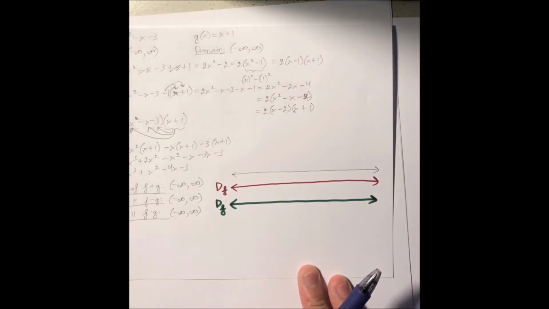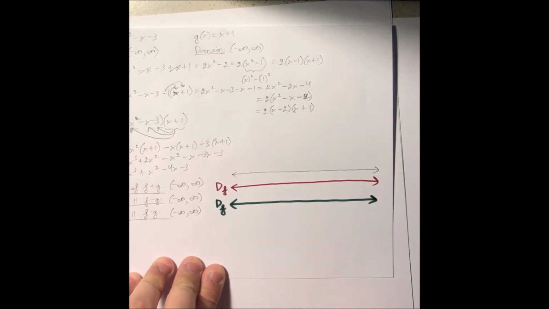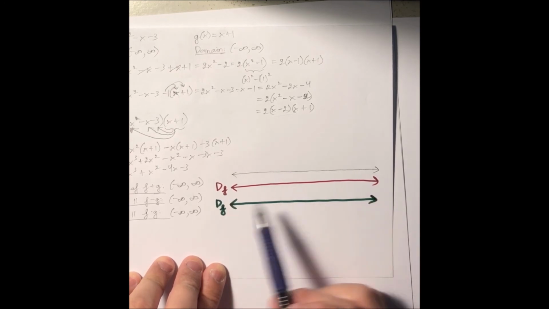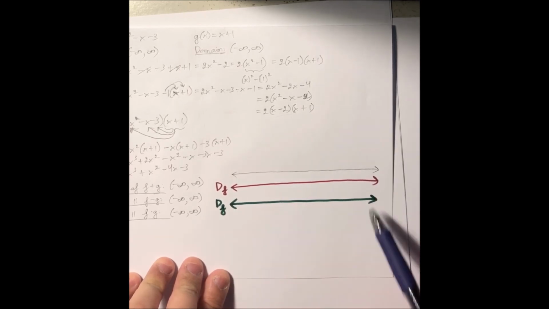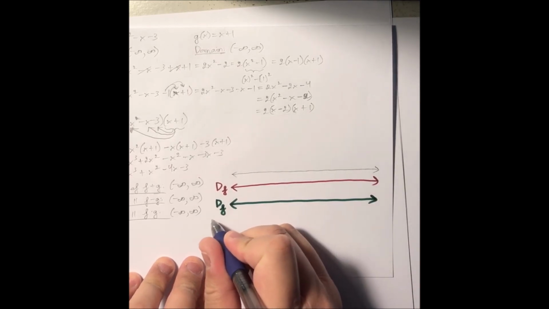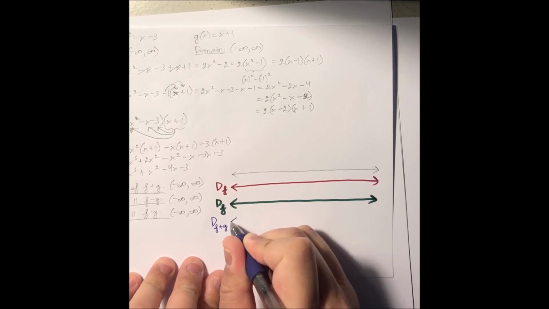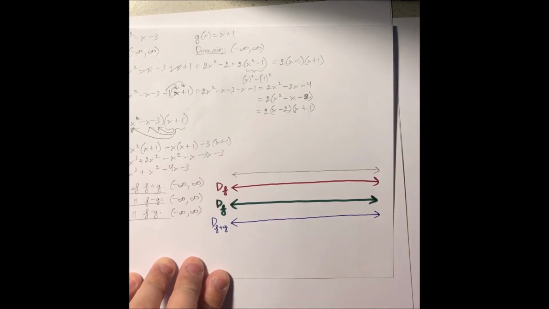But if we take a look at this graphical representation of both functions' domains, we realize that all of the x values that they have in common are really all of the x from negative infinity to positive infinity. So that's why we know that the domain of f plus g has to include all of the x values in common from negative infinity to positive infinity.